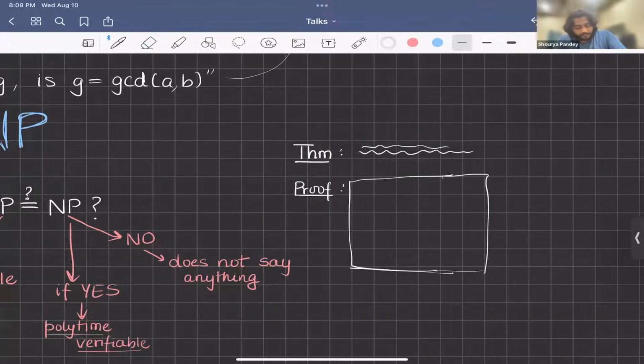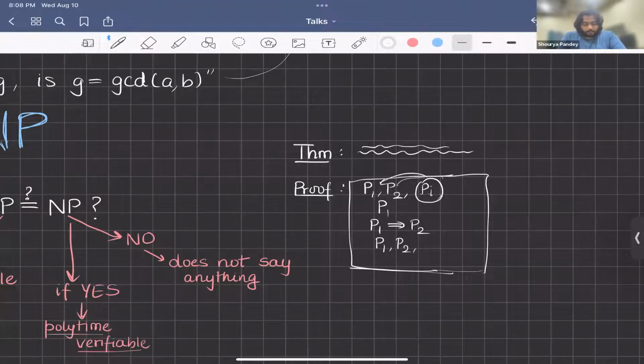So actually, there's a formal definition for proof. A proof is like a statement of logical steps, like P1, P2, such that each Pi is implied by the previous ones and through axioms. Right? So that's what we do. We write something which may be an axiom, and then we use that to maybe get P2, and maybe P1 and P2 and some other axiom give P3, etc., till we get to the last step of the proof, which actually proves the theorem.